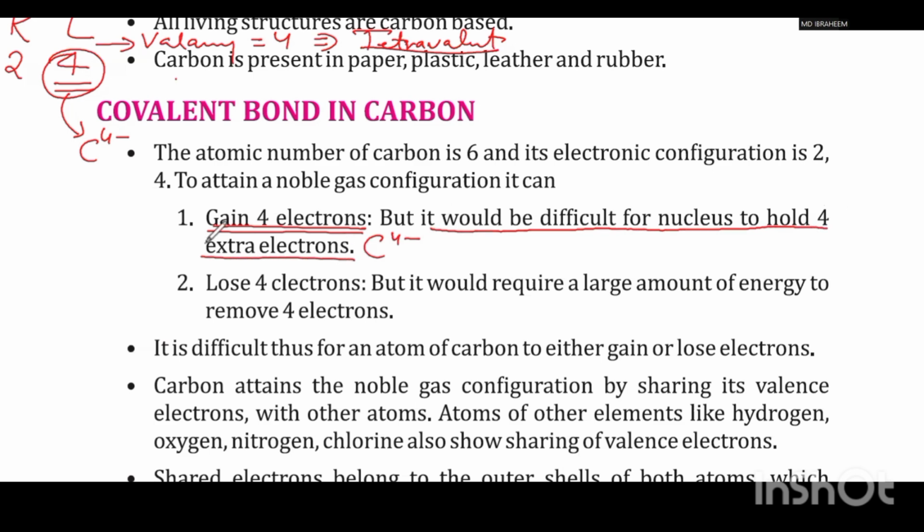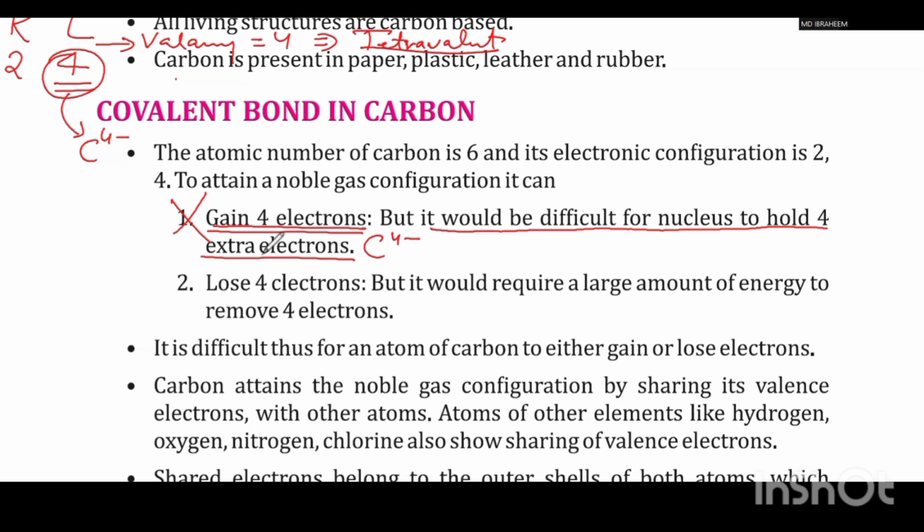A nucleus having 6 protons could not hold a total of 10 electrons, so carbon found it very difficult to gain 4 electrons. Carbon rejected this concept.